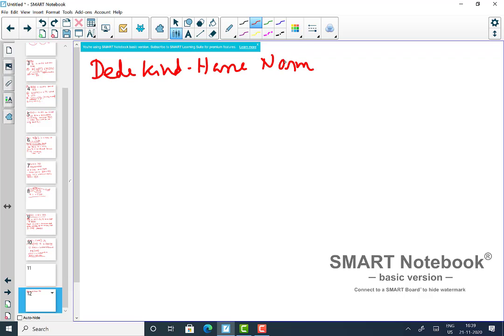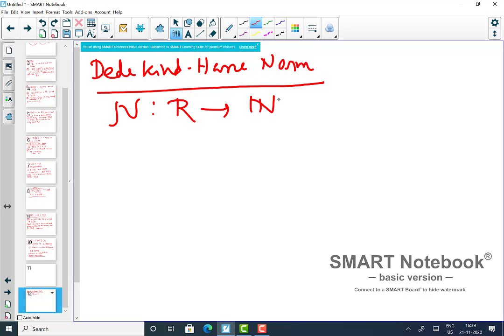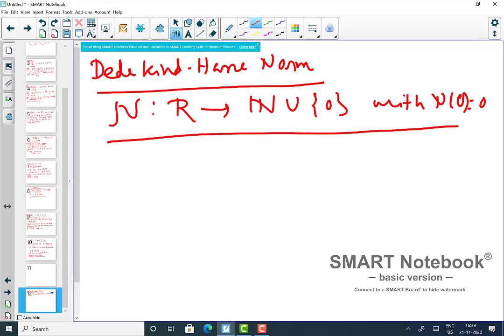When I'm saying a norm on a ring, what is that? That is a map from a ring R to the natural numbers union 0. This is the meaning of norm, a norm on a ring, not a field norm.